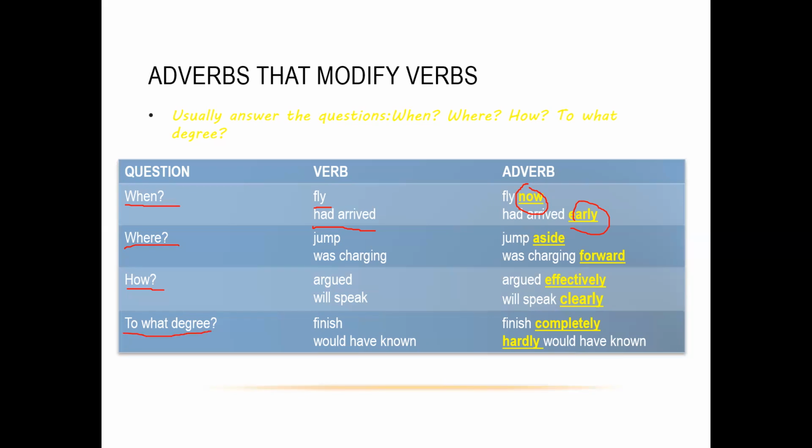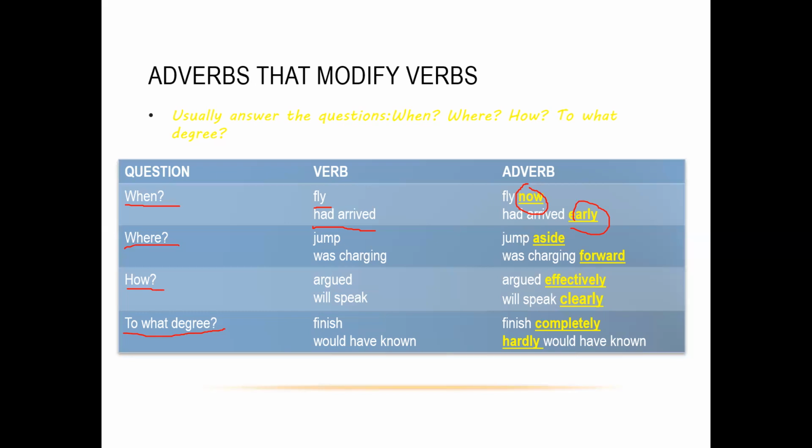And then to what degree? So degree talks about completely, hardly, extremely, okay? Heavily, or you can say, how's the weather in your country? It rained heavily. So that's what we are pertaining to when we talk about the degree. Okay. How was the traffic?